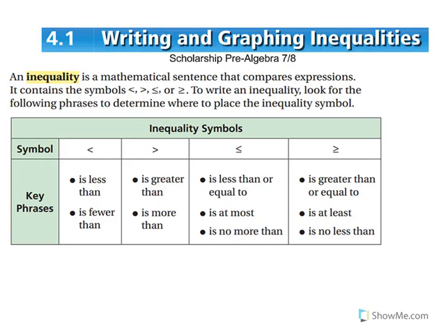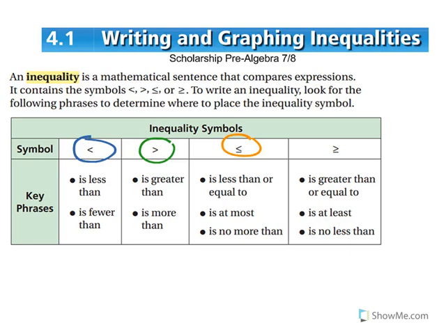To write inequality, look for the following phrases to determine where to place the inequality symbol. So here are some of the wording that you will see to clue you in to whether you're going to use a less than, a greater than, or whatever sign you're going to have to use. So let's start off over here. Less than. You may see the phrase is less than, is fewer than. The greater than symbol could be written as is greater than or is more than.